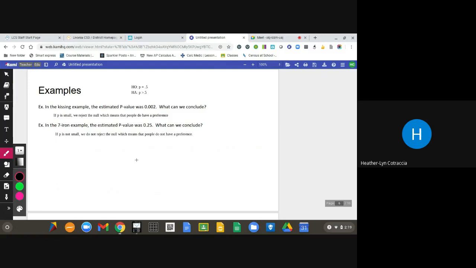That is a relatively small number. So usually alpha will be 0.05. If you compare, here we have p is less than alpha. If p is less than alpha, p is small, we reject the null. If we reject the null, then we say that's probably not true, in which case we have convincing evidence that people probably do have a preference.